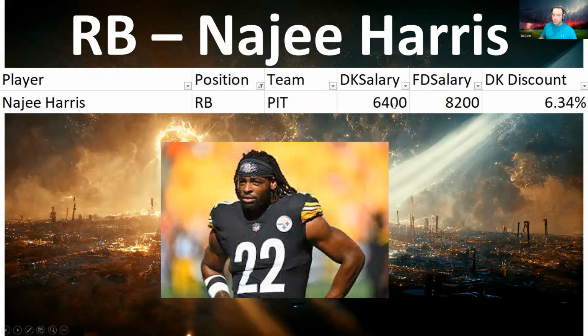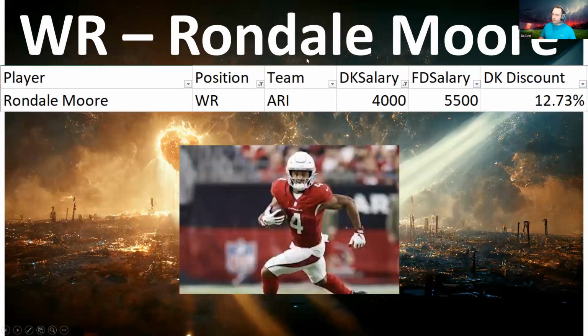He's 8,200 on FanDuel, but 6,400 on DraftKings. That's a 6% discount, which is pretty significant. My guess is the field's going to be on Najee. He's going to be 15 to 20% owned. Again, we're looking at this a week out, but my guess is this is an underprice, and this is about fair. So Najee is someone to look out for on DraftKings.